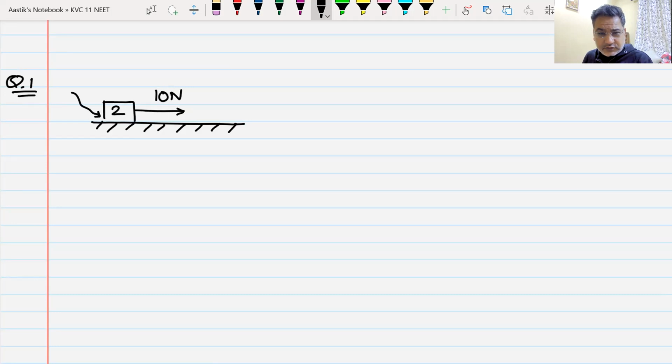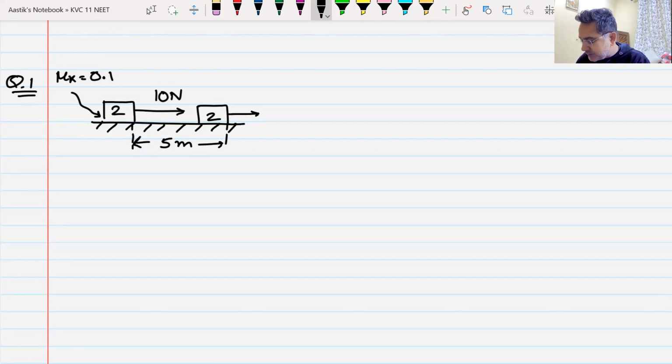Friction is also present, and the value of kinetic friction is 0.1. I displace this body from this position to this position. The displacement is given as 5 meters. I displace it by this force.